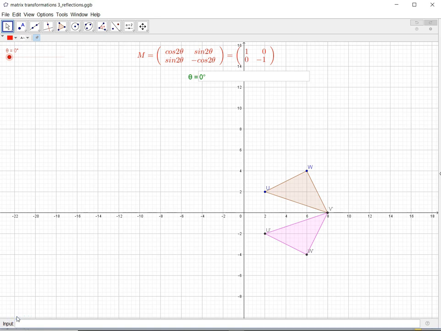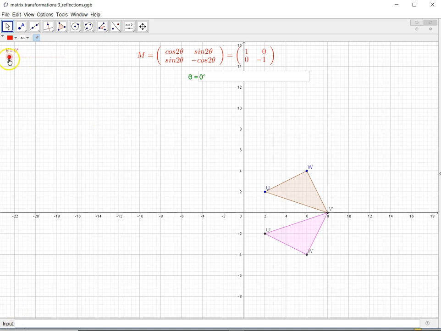Now when theta equals 0, the matrix is 1, 0, 0, minus 1. And we can see that the image triangle, U dash, V dash, W dash, is simply a reflection of the original triangle, UVW, reflected in the x-axis.